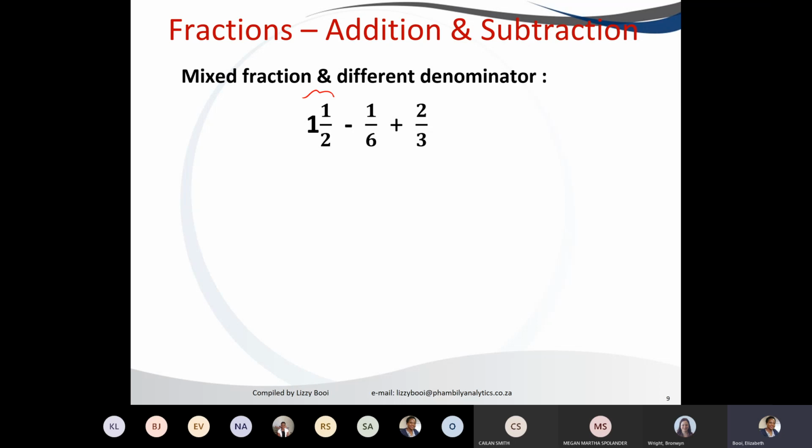So I cannot do anything with that before I change my mixed fraction to an improper fraction. So changing this, we say 2 multiplied by 1, which is the big one, and we're going to add 1 again, that 1 there. So we multiply there, and then we add that. We say 2 multiplied by 1 is 2, plus 1 gives us 3. We still keep our denominator, which is 2.